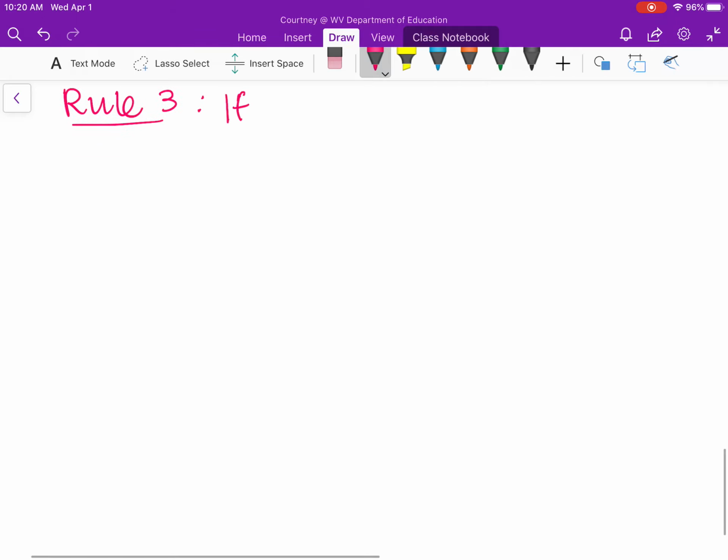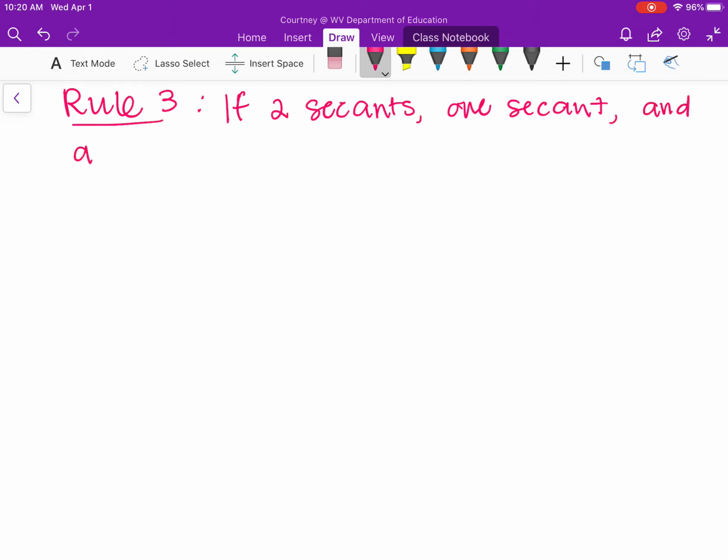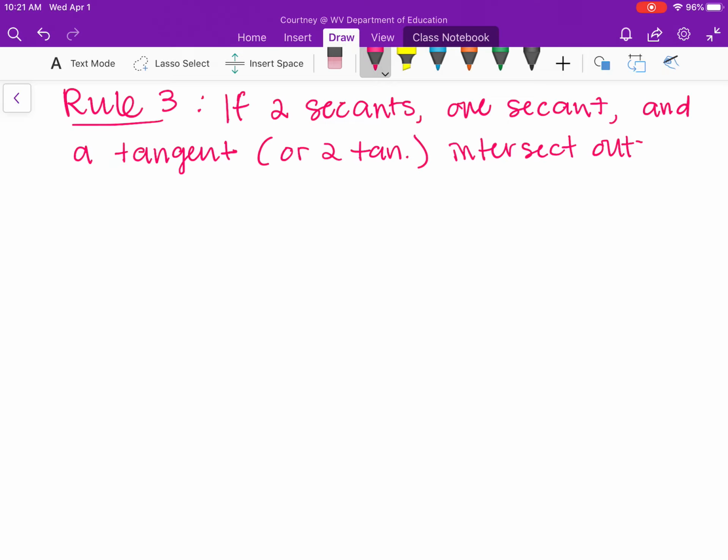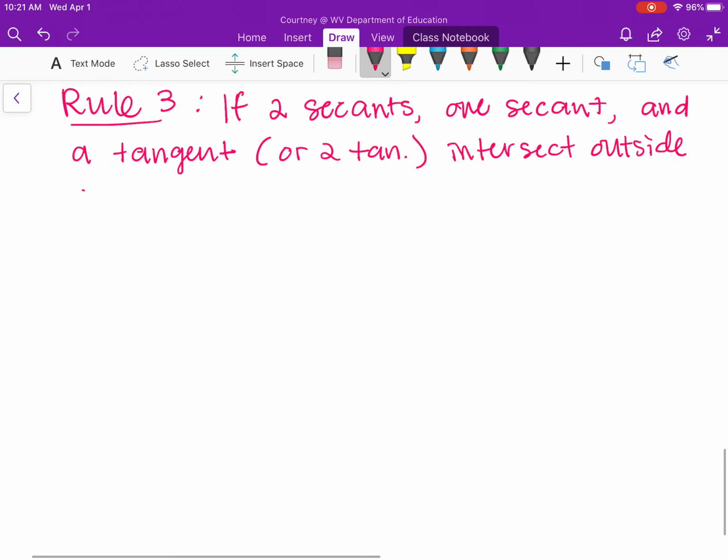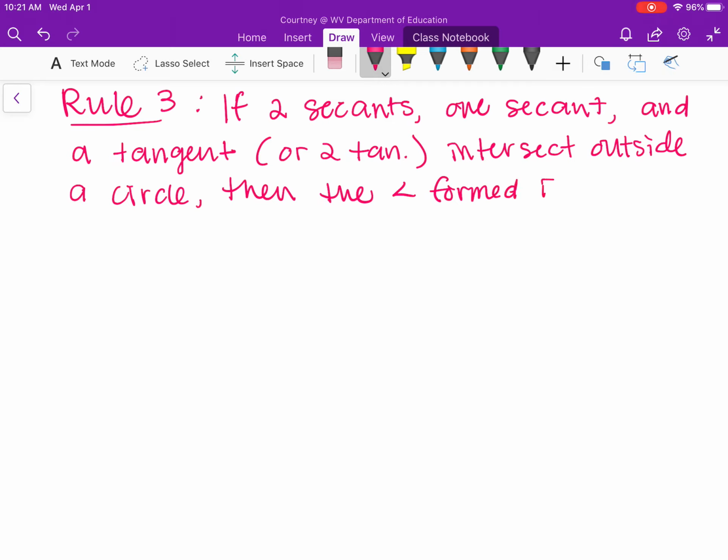This one says if 2 secants, 1 secant and a tangent, or, in parentheses, two tangents, intersect outside of a circle, then the angle formed is half of the difference this time.